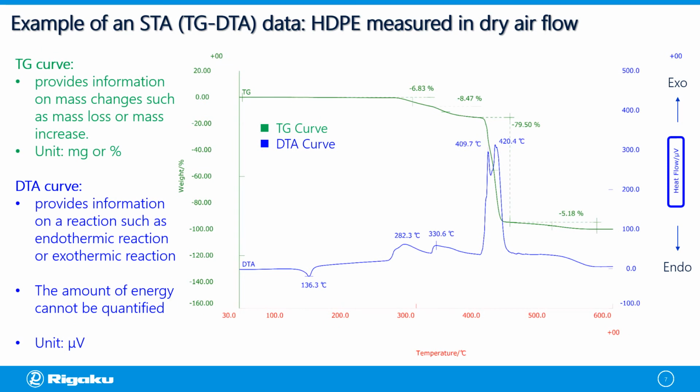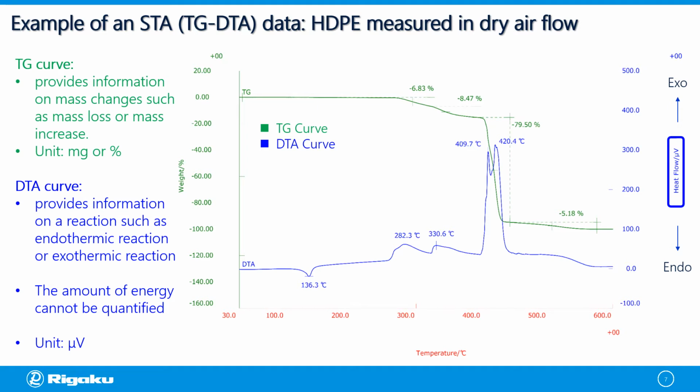This slide shows us an example of STA data by TG-DTA in a 10 mg high-density polyethylene or HDPE measured in dry airflow. The green curve is a TG and the blue curve is a DTA. In the DTA curve, we can observe an endothermic reaction due to melting near 130 degrees centigrade.